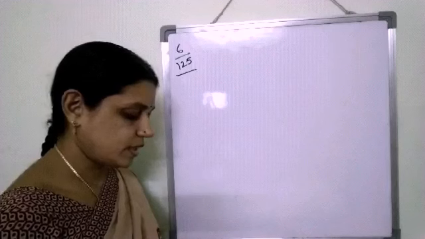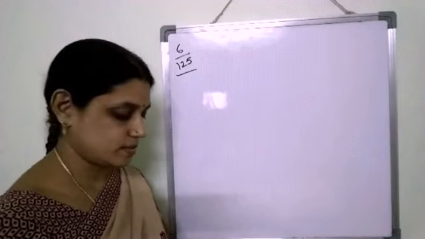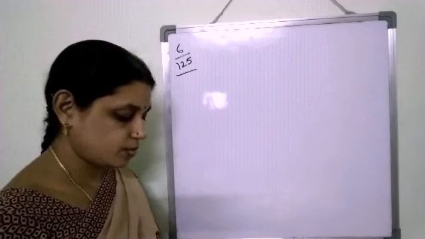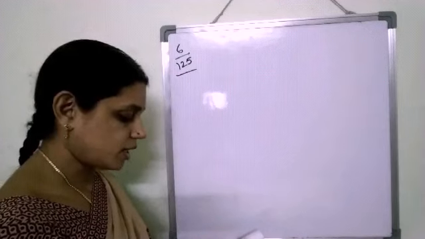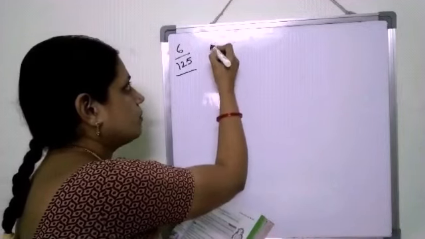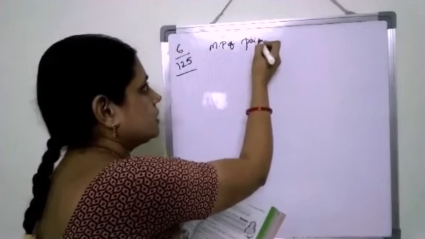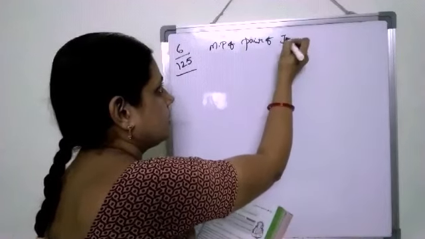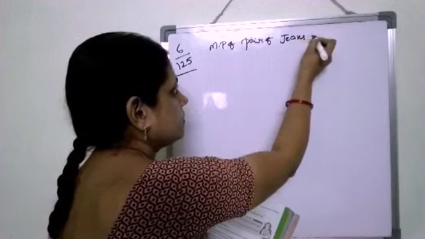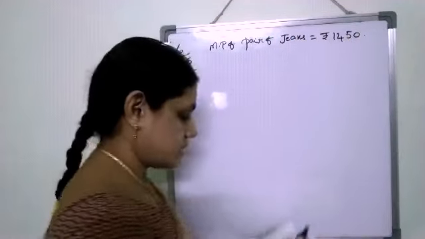So here, what is the given data? Discount of 10% on the market prices of all the items. What would a customer have to pay for a pair of jeans marked at 1450 rupees? So marked price of pair of jeans equal to 1450 rupees.